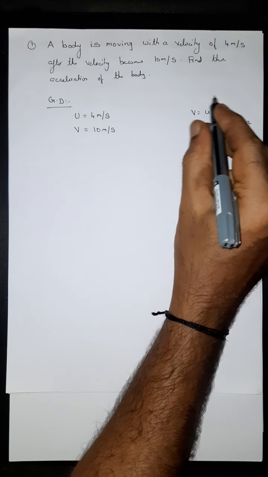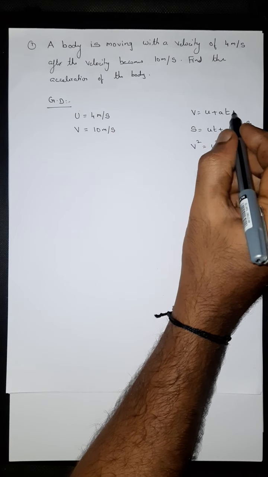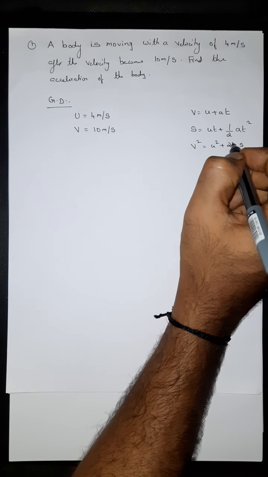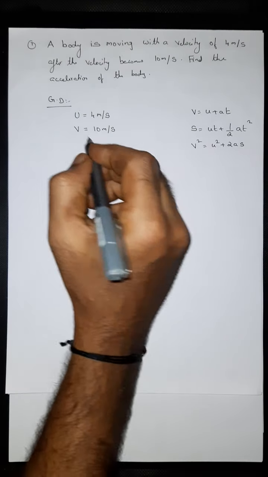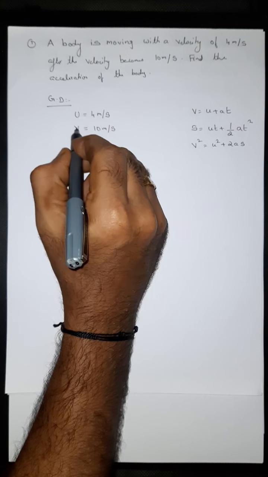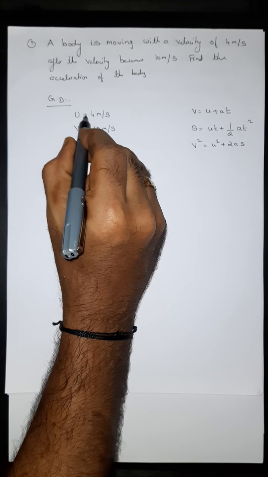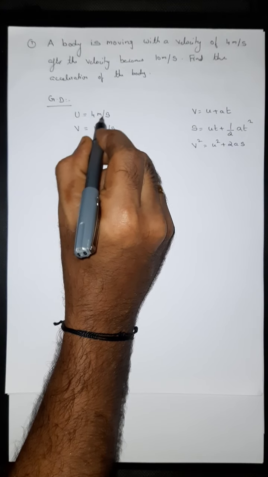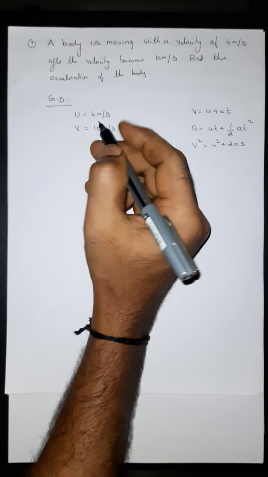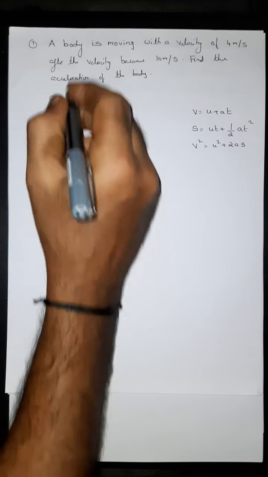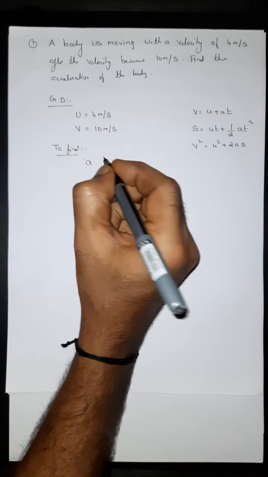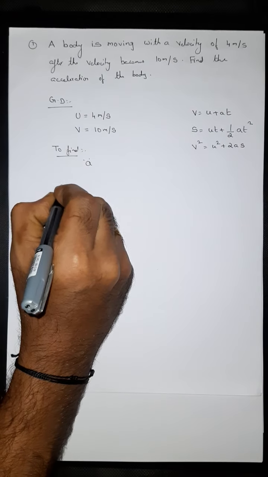These are the three formulas which I taught you in the previous video lecture. Here, as far as this problem is concerned, only two inputs are there, that is initial velocity and final velocity. What needs to be found is the acceleration, which can be denoted as a.